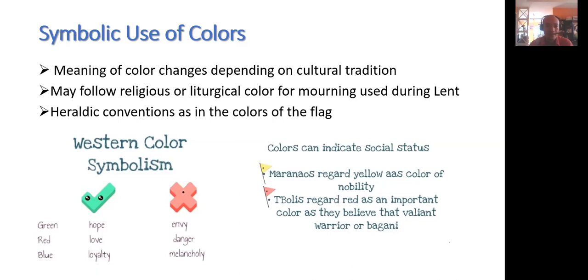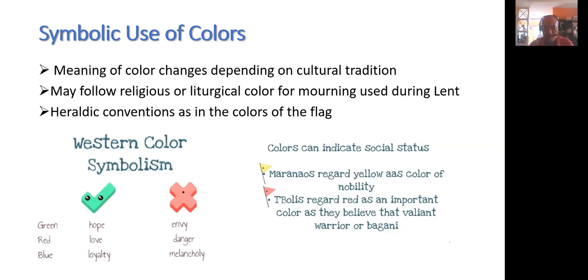Okay, so in the Western color symbolism, when you use green, it represents hope, positivity. But sometimes it could be used negatively to show envy. That's why we have the expression, "He was green with envy." On the other hand, we have red, which represents love, a positive connotation.